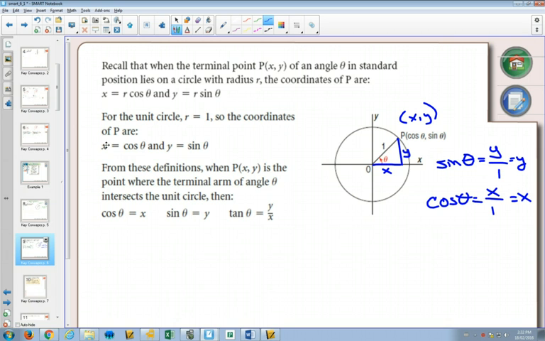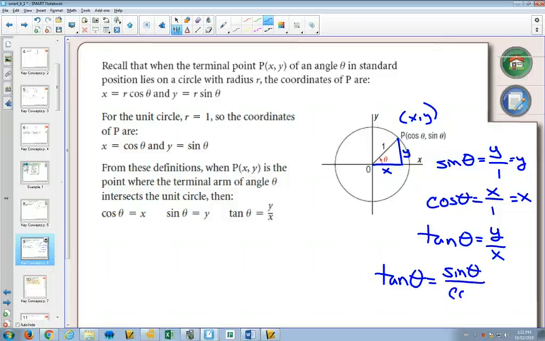The other thing is if you look at tan being the opposite over the adjacent, y over x, we also get that tan of theta is equal to sine of theta divided by cos of theta.